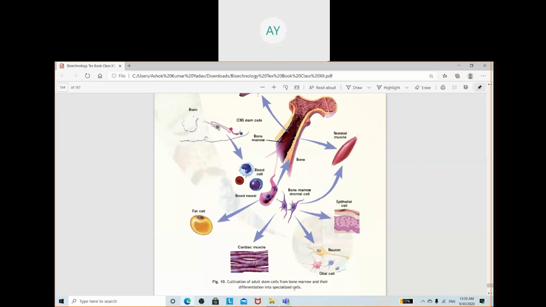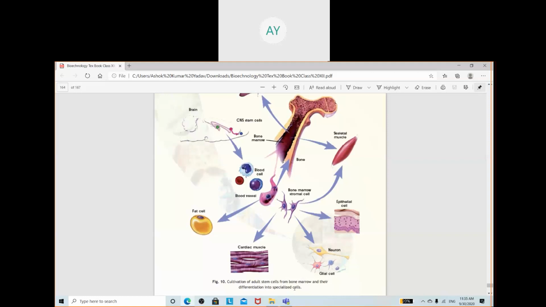So this is the mystery, this is the application and utility of animal cell culture.